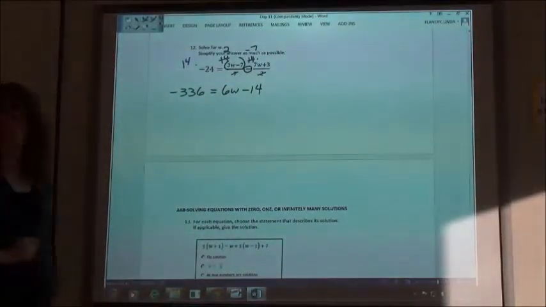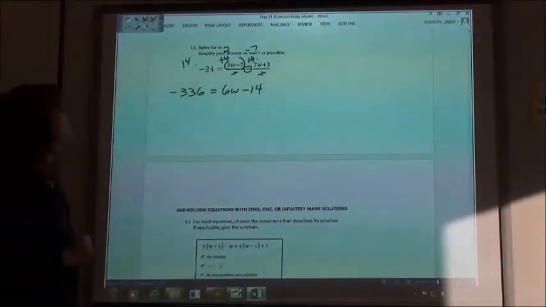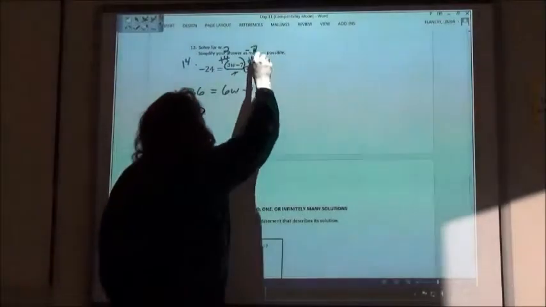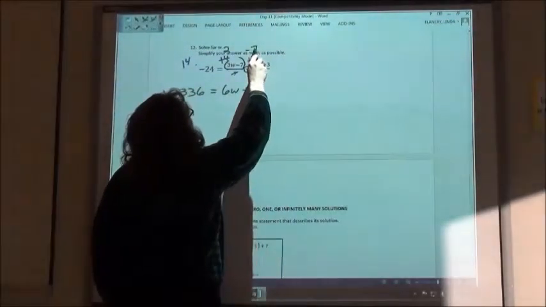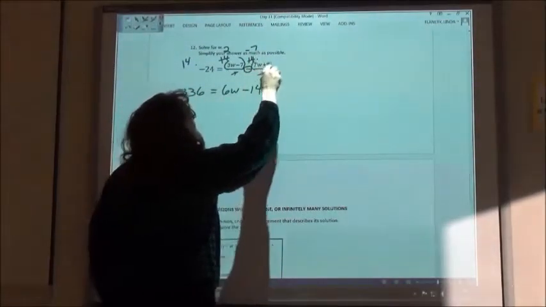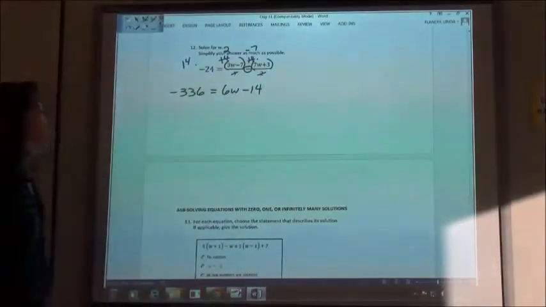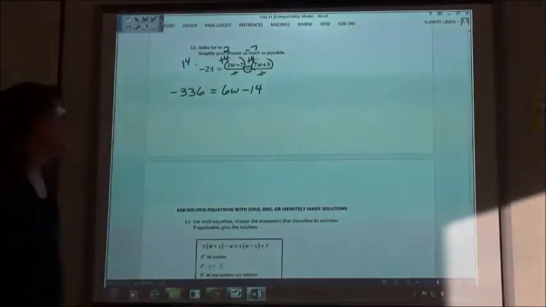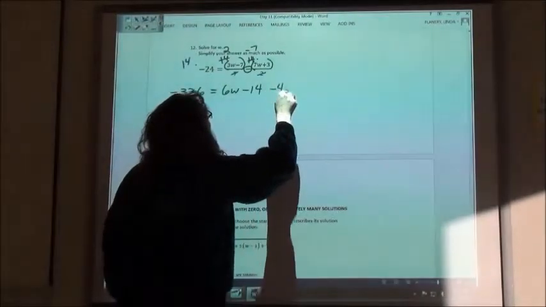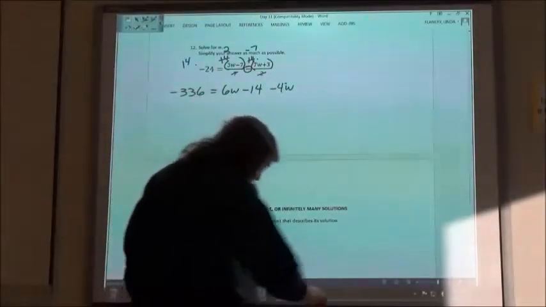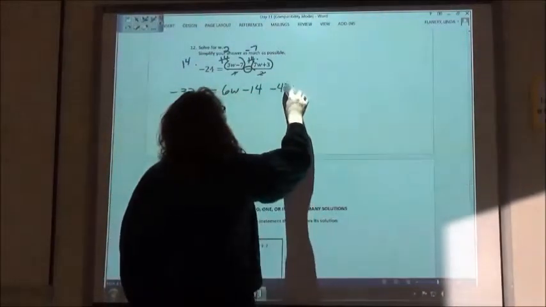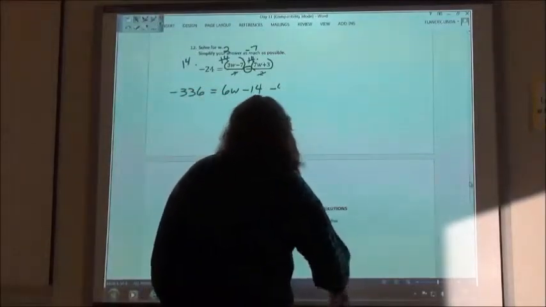If I multiply both of those by a minus 7, I'm taking negative 7 times just a 7, right? That's just a 7 up there. So negative 7 times 7 is negative 49w. Plus 21?